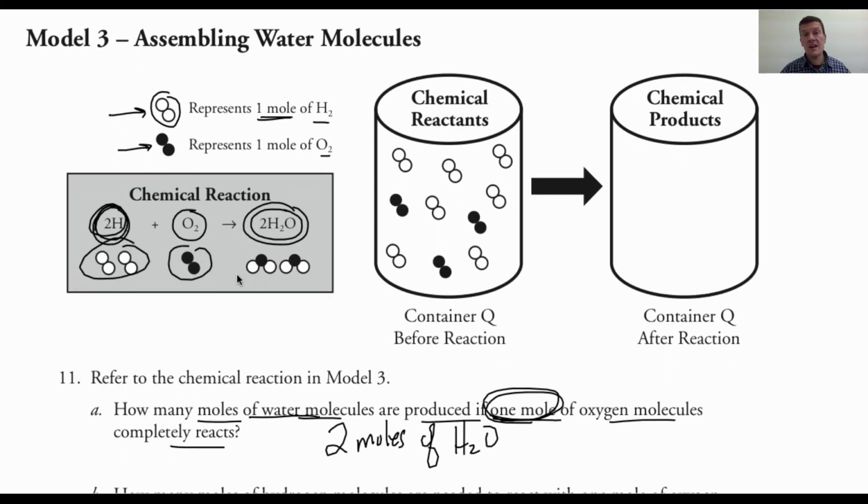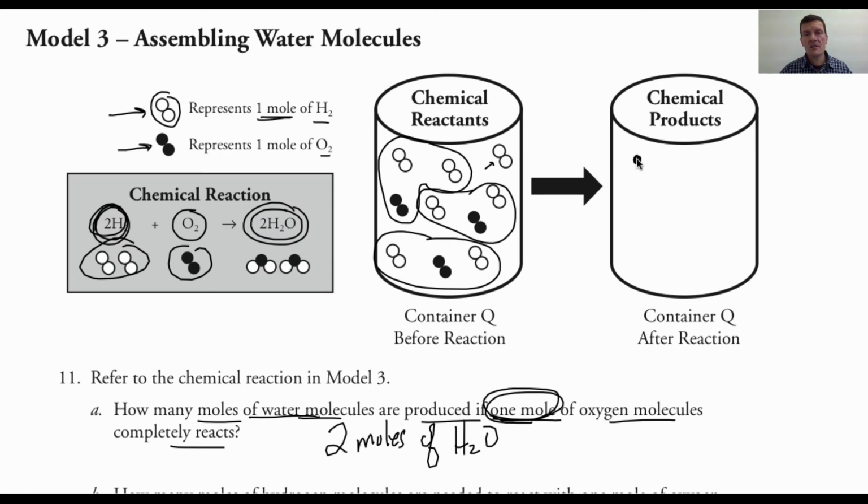Here's how I'm going to do it. I'm just going to group them together. So we've got these two combining with an oxygen. I've got, let's say, these two combining with that oxygen, and then these two combining with that oxygen, and this poor guy here is all by himself. All right, so we're going to have how many? Every 2 to 1 produces 2. Every 2 hydrogens and 1 oxygen produces 2 waters.